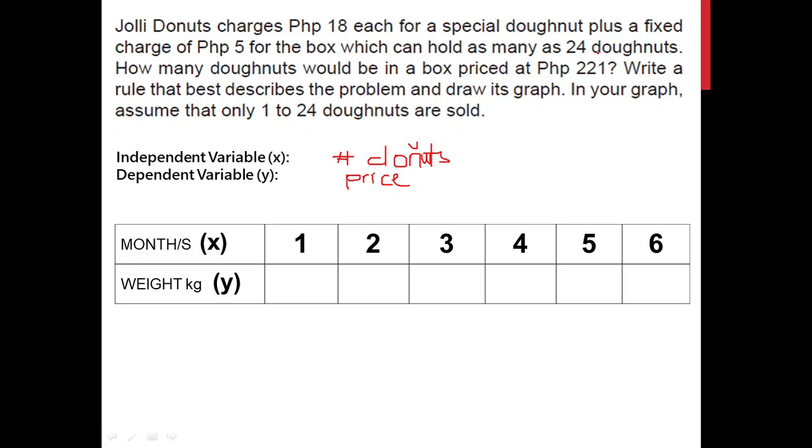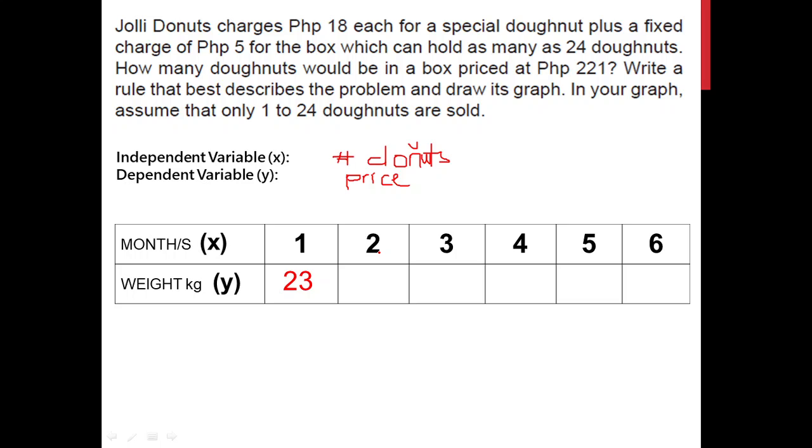Now, based on this statement, one donut costs us 18 pesos with an additional charge of 5 pesos for the box. Therefore, if we buy one donut, it will cost us 18 plus 5, that would be 23, right?